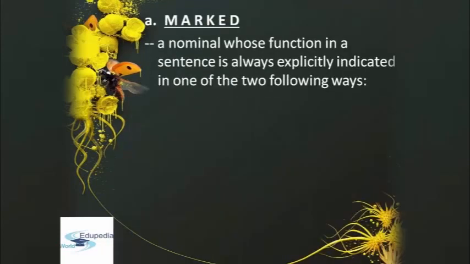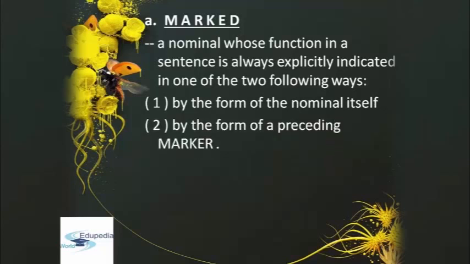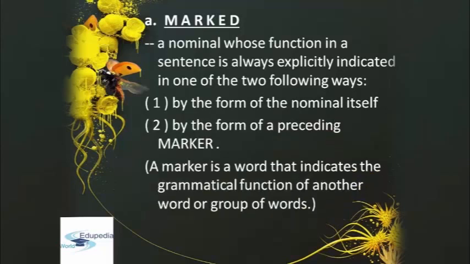A marked nominal is a nominal whose function in a sentence is always explicitly indicated in one of two ways. First, by the form of the nominal itself. Second, by the form of a preceding marker, which is a word that indicates the grammatical function of another word or group of words.